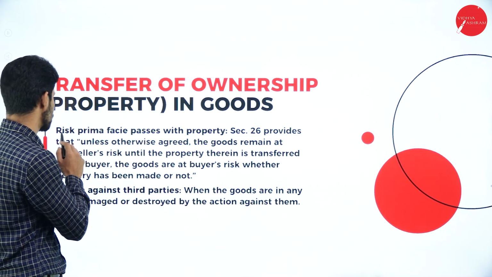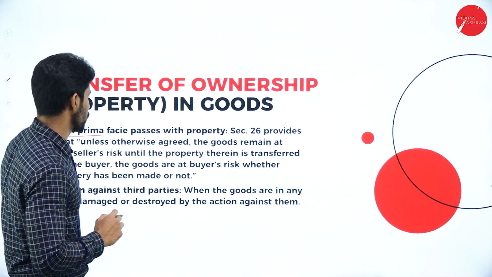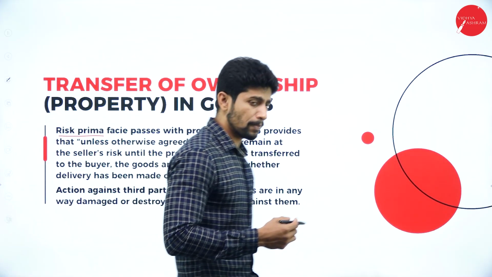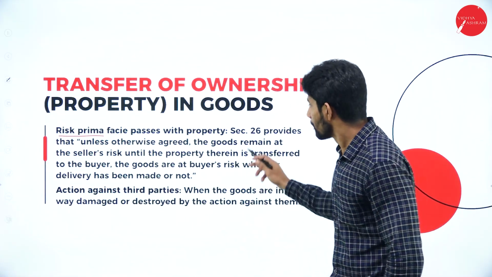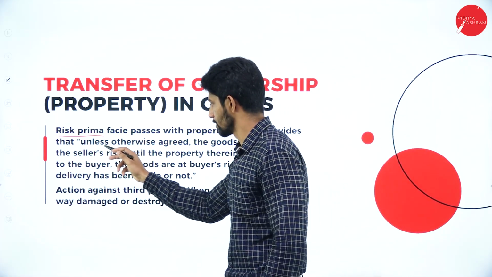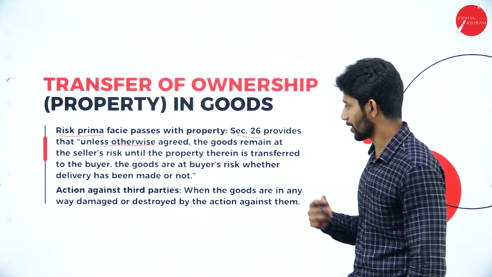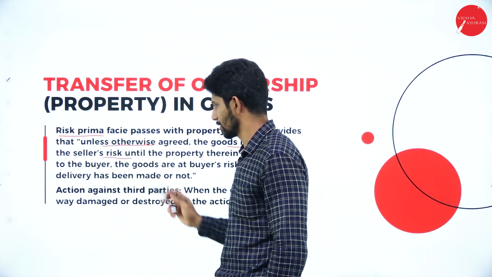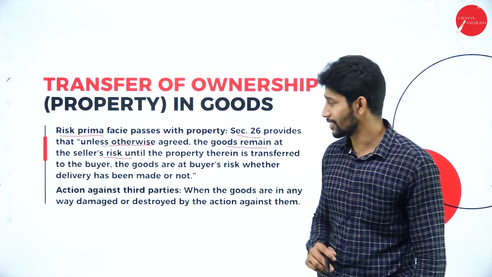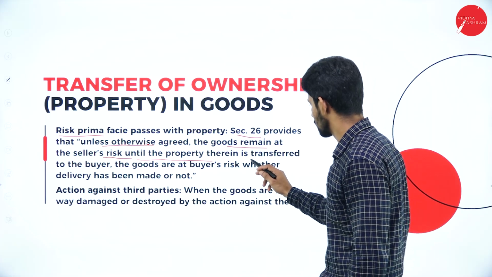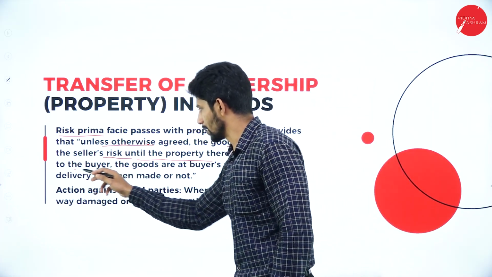The first one is risk prima facie passes with property. Section 26 provides that unless otherwise agreed, the goods remain at the seller's risk until the property therein is transferred to the buyer.